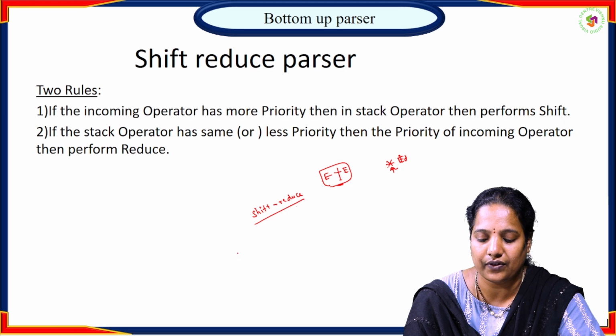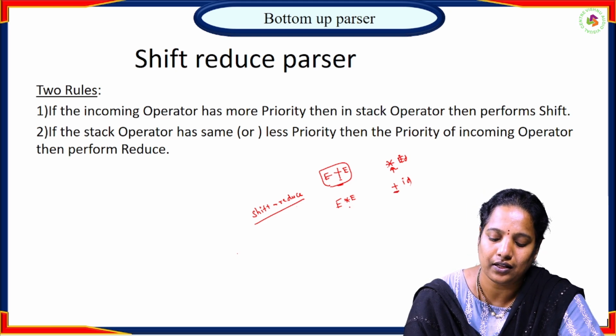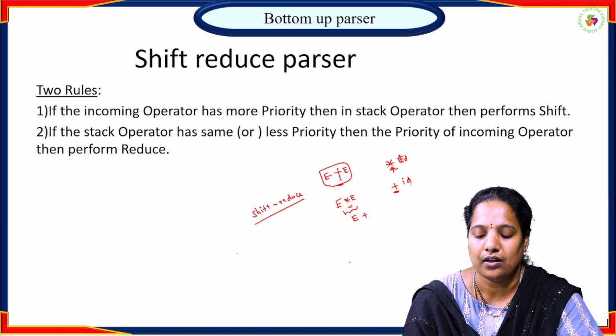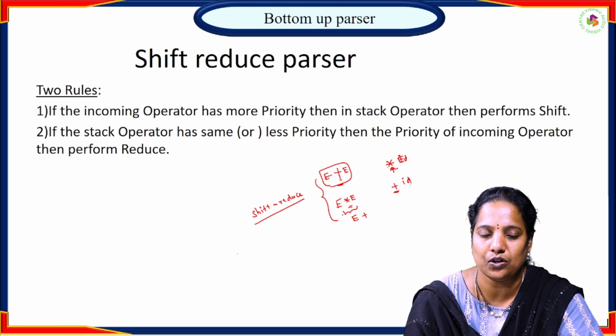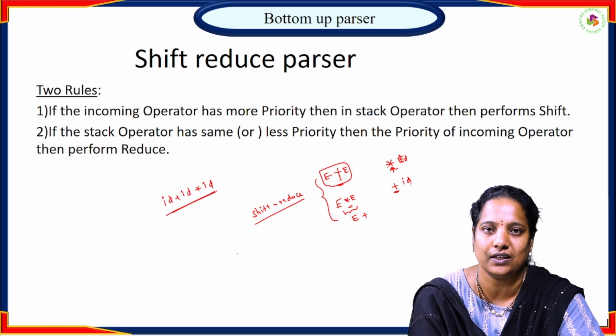Otherwise, if we already have one operator, star, inside the stack, and the current input symbol is plus, the current incoming operator has lower precedence than the existing operator. In these cases, we need to reduce the stack, then shift. These are the two different cases we follow when we evaluate expressions like id plus id star id for the given grammar.